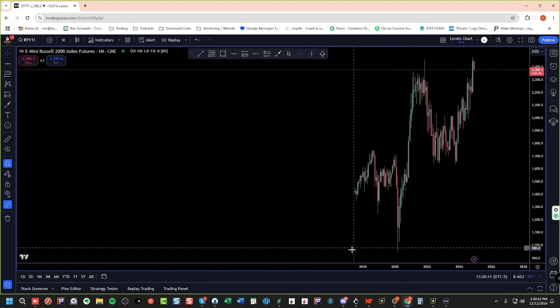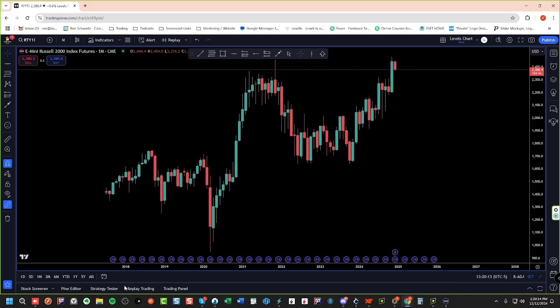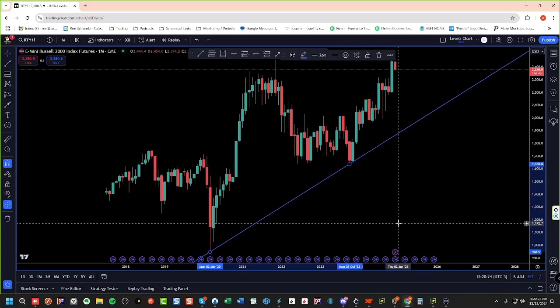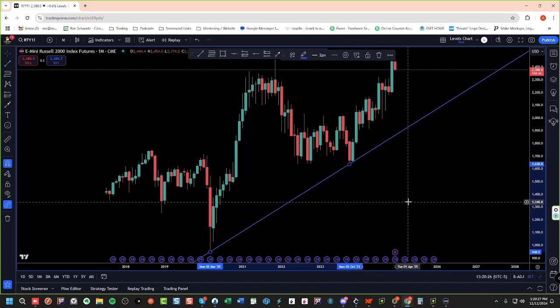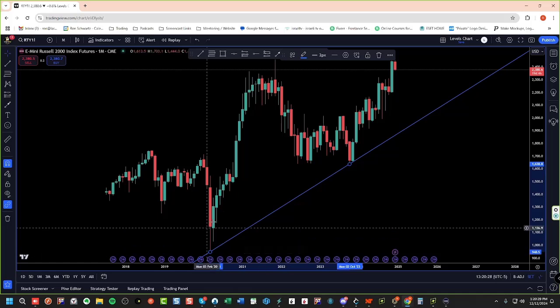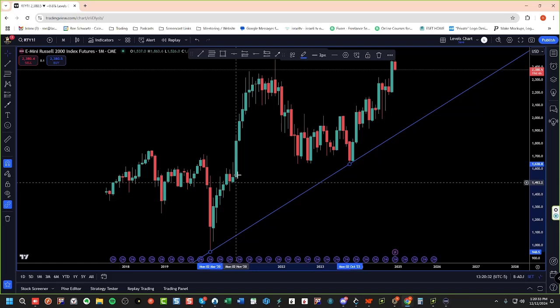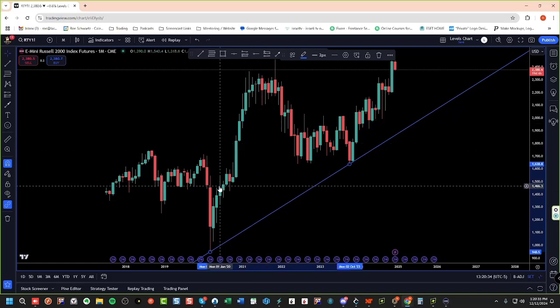Here's the Russell. It only trades since 18, so I'm not really a big fan of the Russell anyway, but if we were to look at it, we can pretty much say that the Russell's been going up since, I mean, it had some retracement.